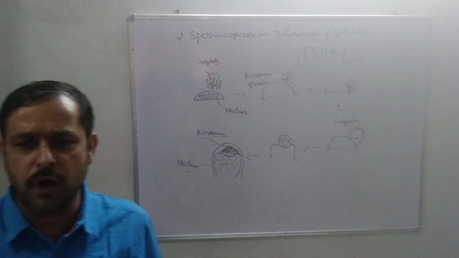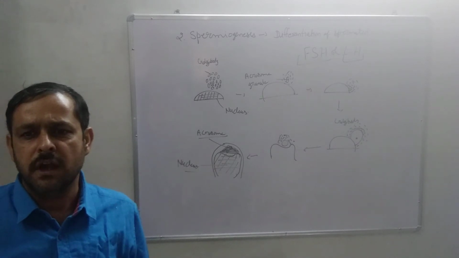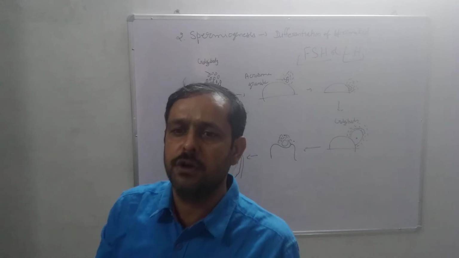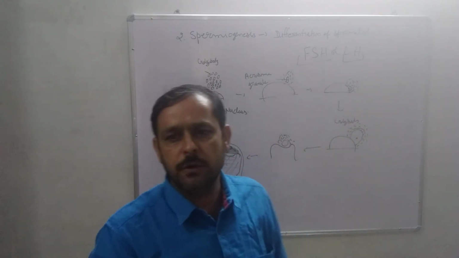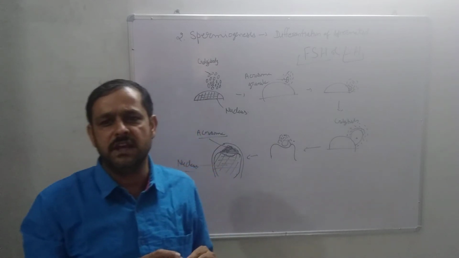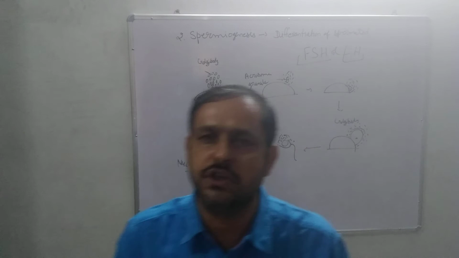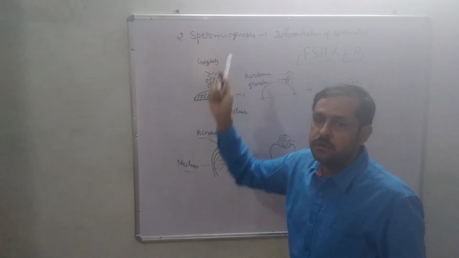Luteinizing hormone stimulates Leydig cells, by which androgens are secreted. Androgens stimulate spermatogenesis, while follicle stimulating hormone stimulates Sertoli cells, which with some factors help in the process of spermatogenesis or spermiogenesis.